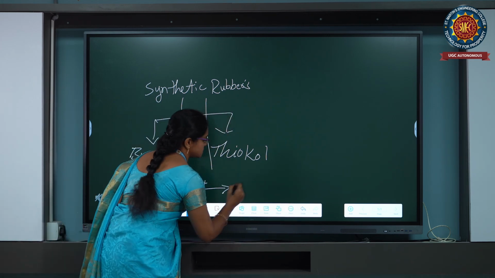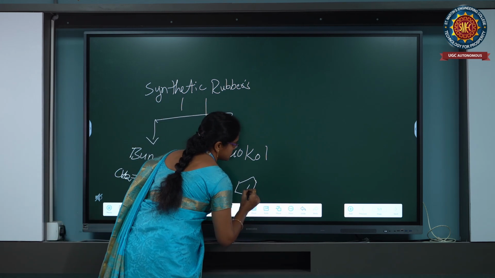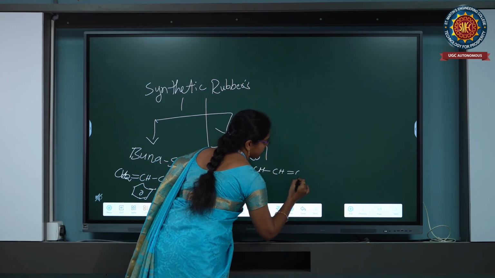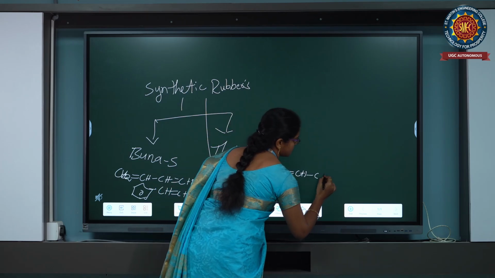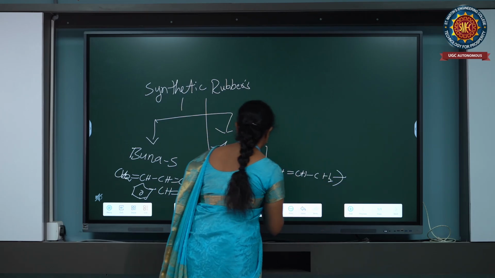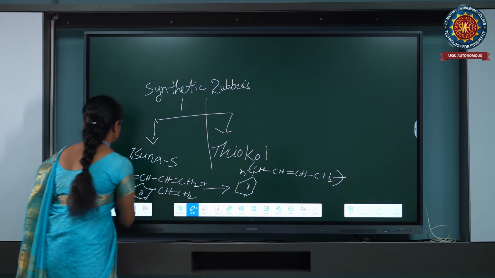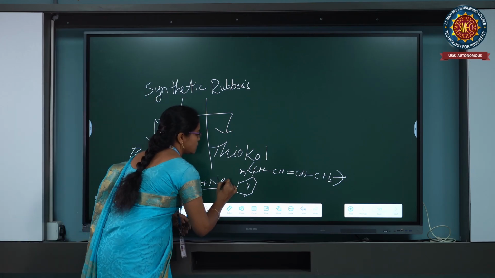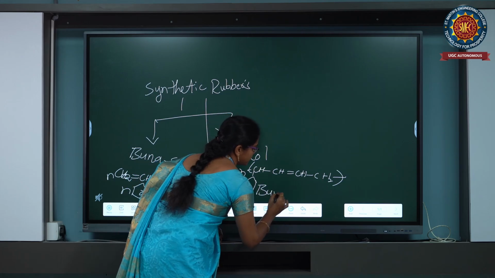What is the product? n moles of butadiene and n moles of styrene, in the presence of sodium, form Buna-S.